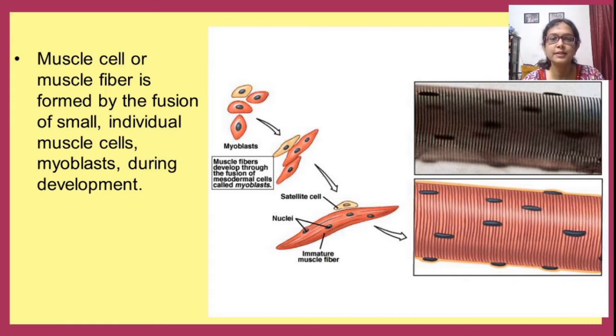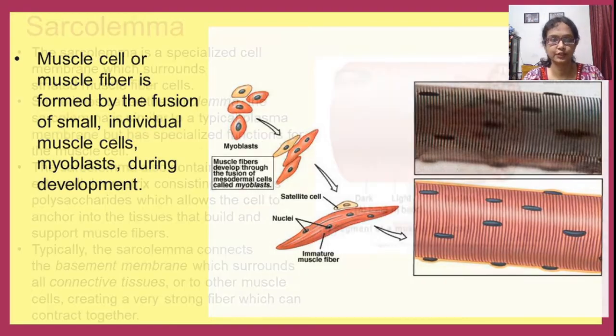Here you can see the small cells that are known as myoblasts. In development, these myoblasts fuse, and the small individual cells form the muscle cell or muscle fiber, a long elongated structure which contains multiple nuclei. So that is the reason muscle cells contain multiple nuclei: they form from the myoblast cells.